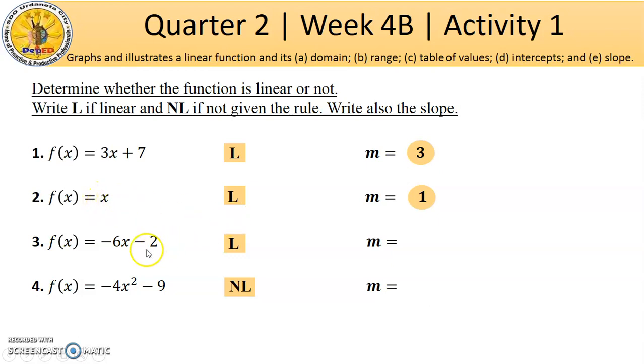And for the third example, we have negative 6. And since number 4 is not a linear function, there is no slope. So we have no slope. Okay, now you're ready to answer your activity 1.